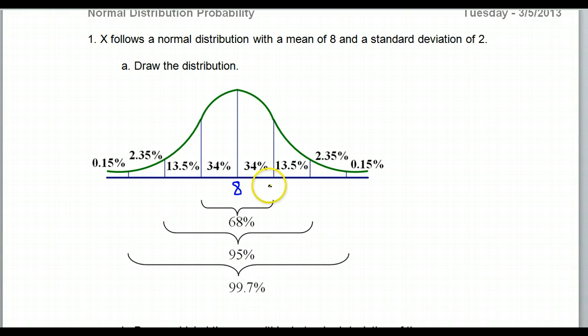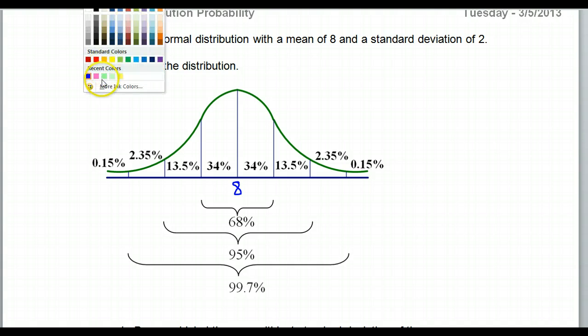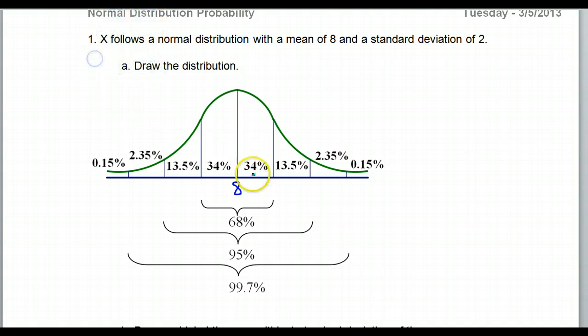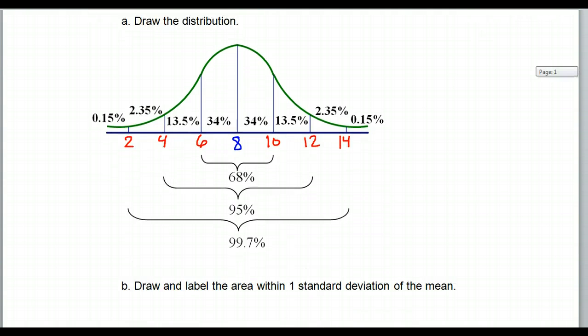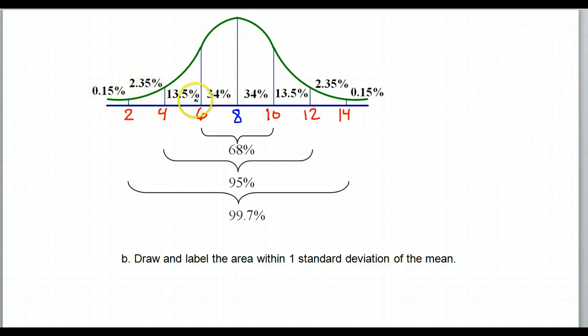So this will be 10, 12, 14. And of course, this will be 6, 4, and 2. So fine, we drew the distribution. I think it would help you if you put these numbers on there as well.